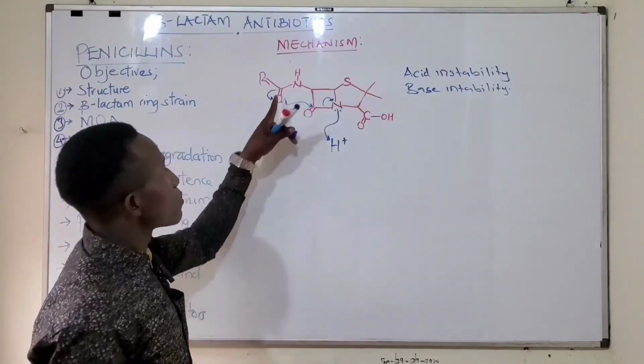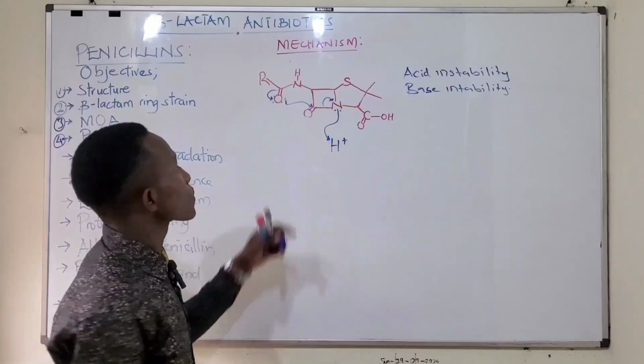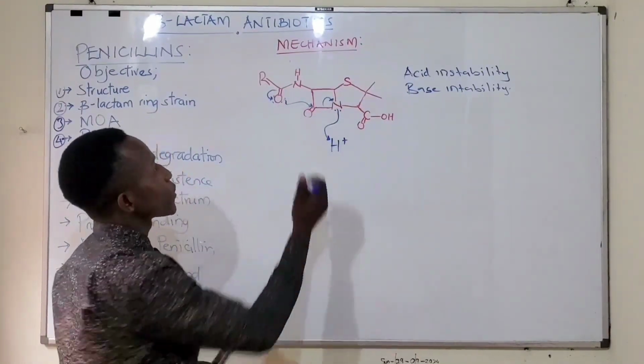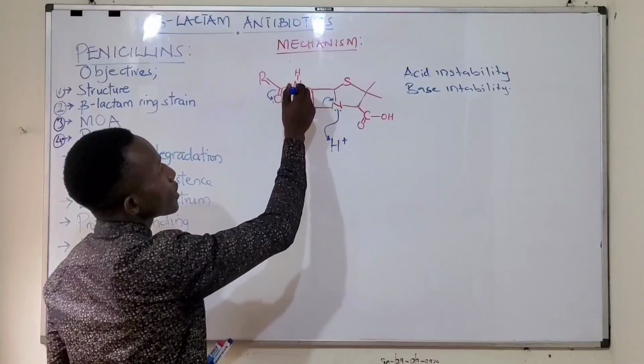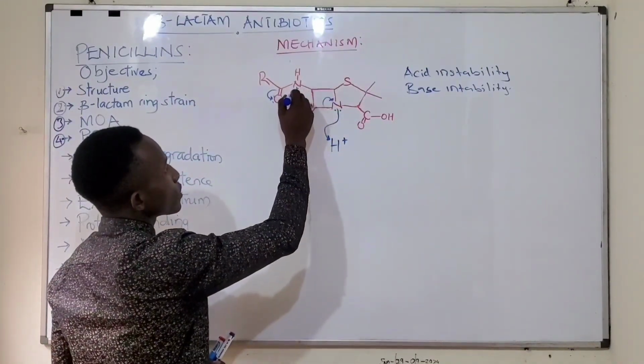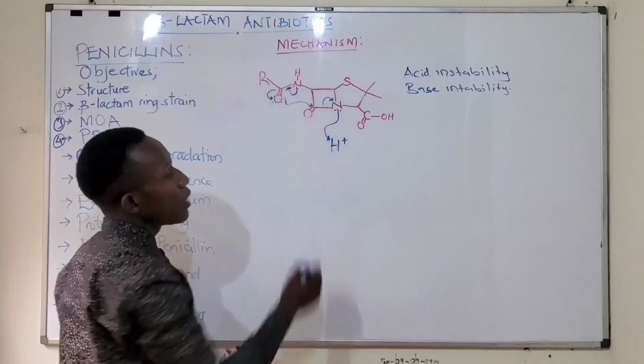When it breaks this bond to stabilize itself, this carbon will be unstable also. This nitrogen has lone pairs of electrons, so it will try to stabilize this carbon by forming a bond there.